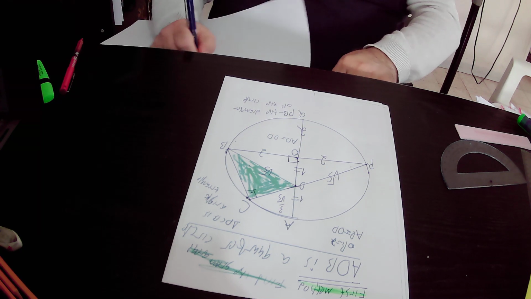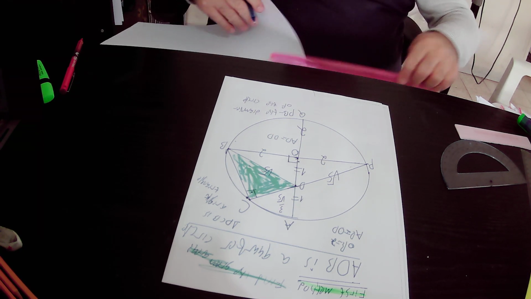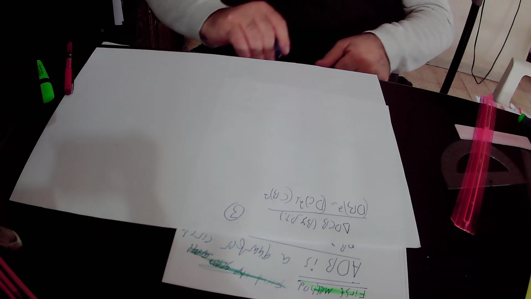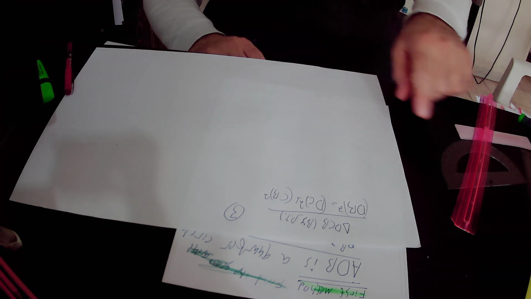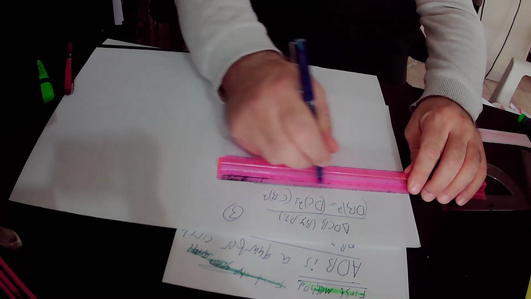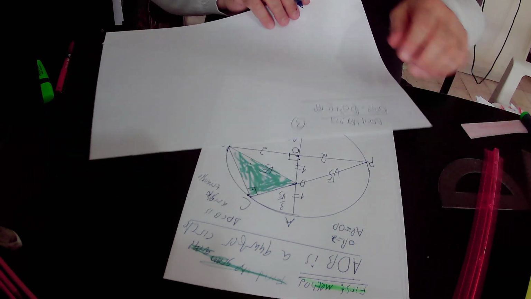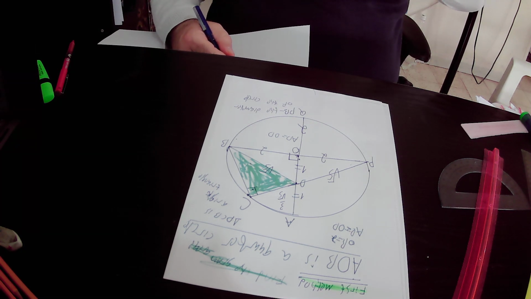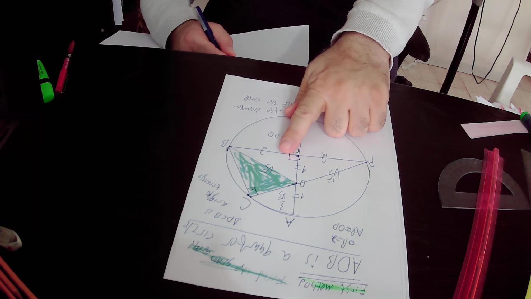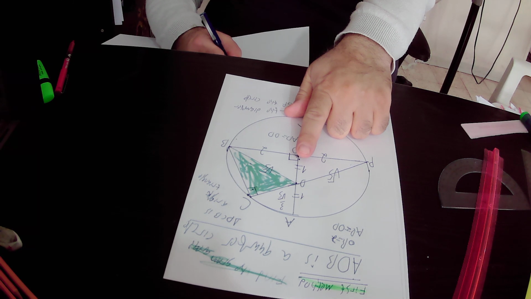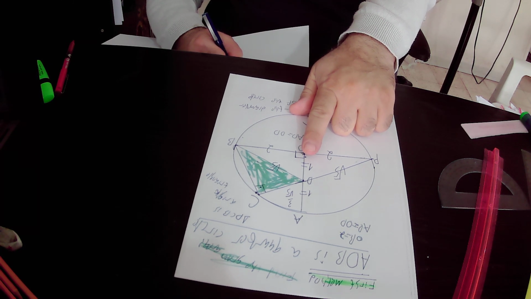I will repeat again. In the right triangle DCB, according to the Pythagorean theorem, DB square equals DC square plus CB square. DB is square root of 5, so DB square is 5, and it is equal to DC square.